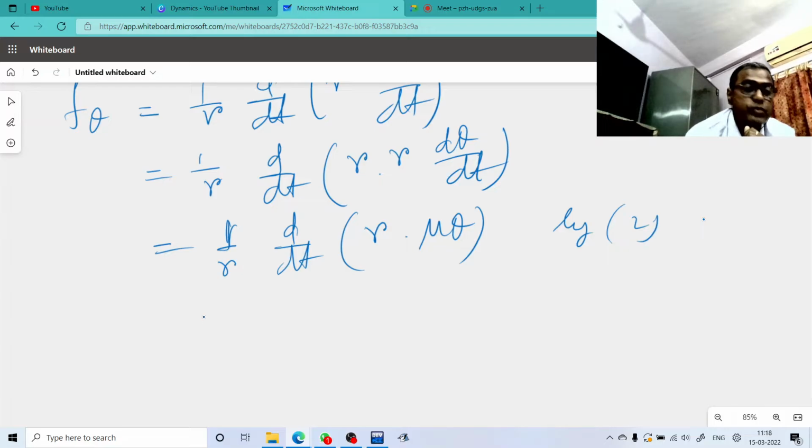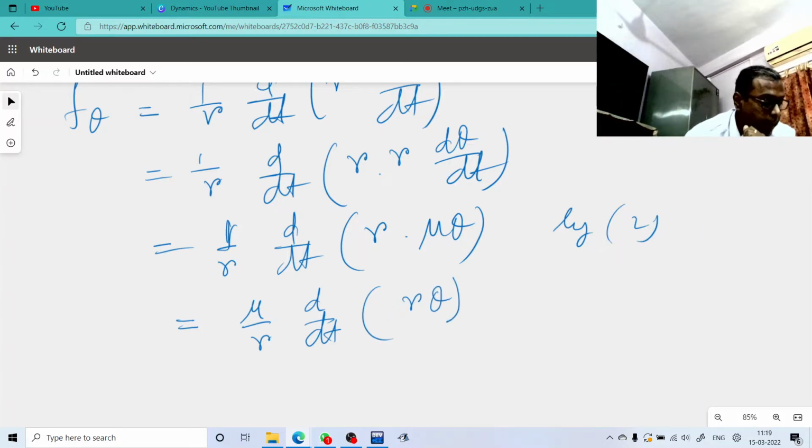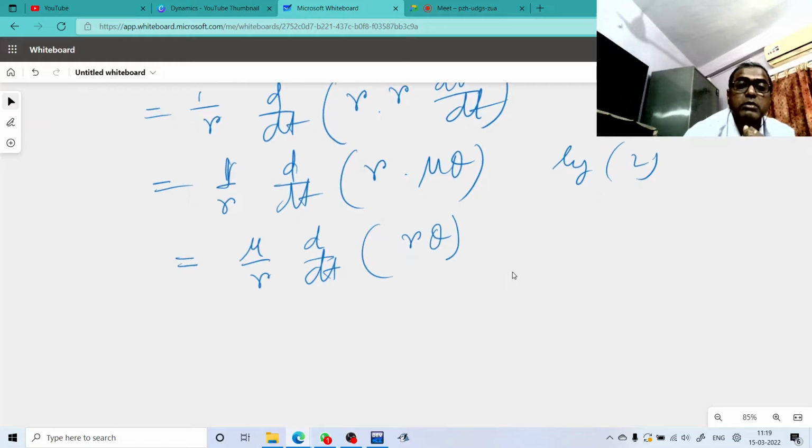So this mu is constant. So mu by r d/dt of r into theta. Differentiating with respect to time t, this is mu by r, r into d theta/dt plus theta into dr/dt.